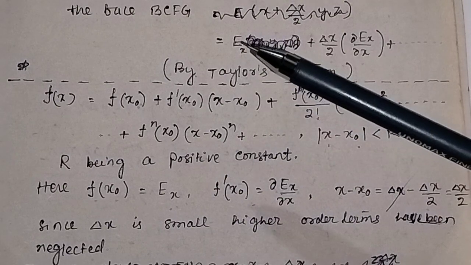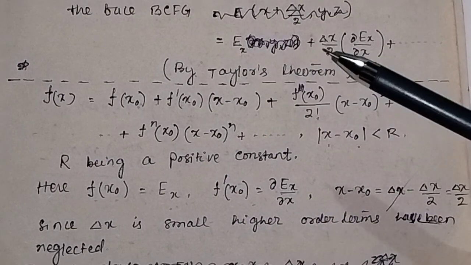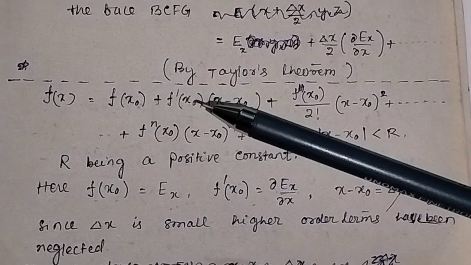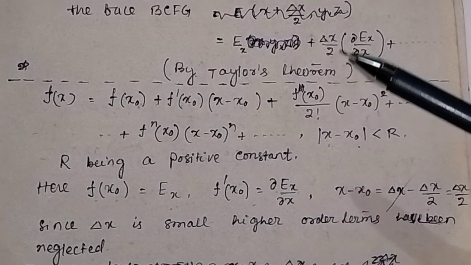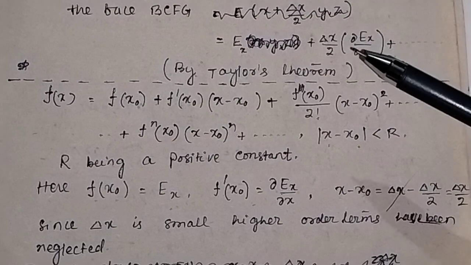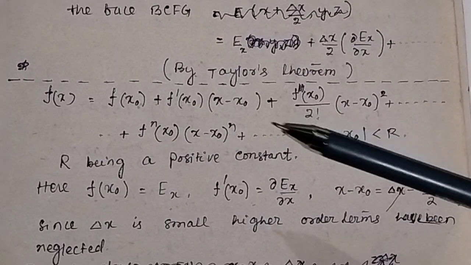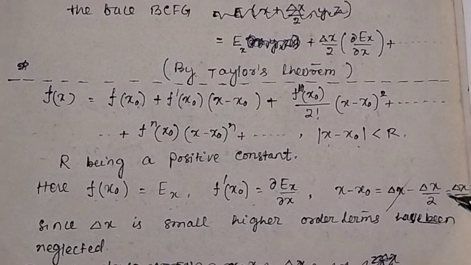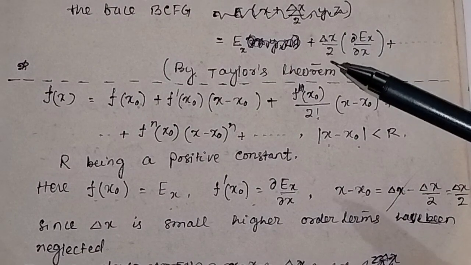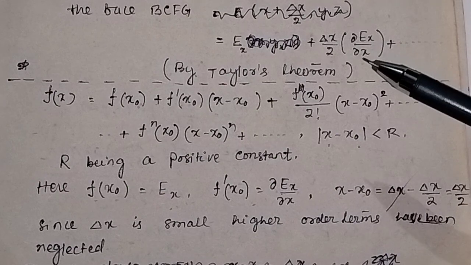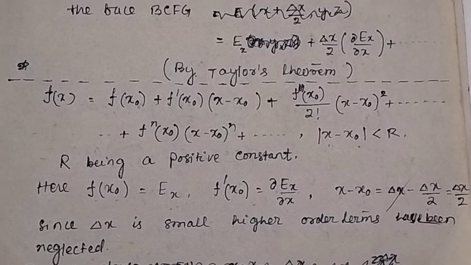So the first term will be equal to Ex, and what will be the second term? f'(x0) will be equal to del Ex by del x, and what will be equal to x minus x0? x minus x0 is equal to delta x by 2. So the second term will be equal to delta x by 2 into del Ex divided by del x.